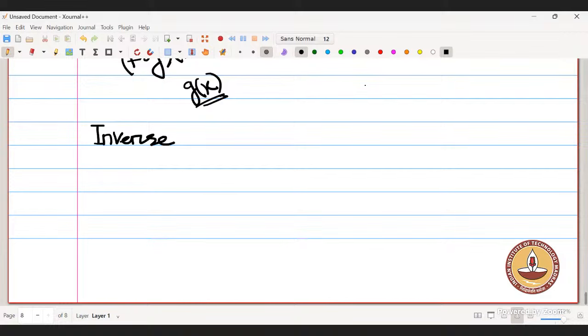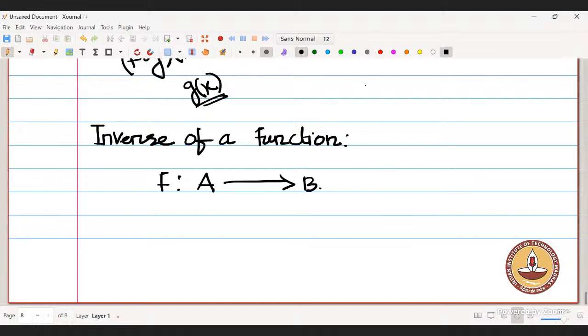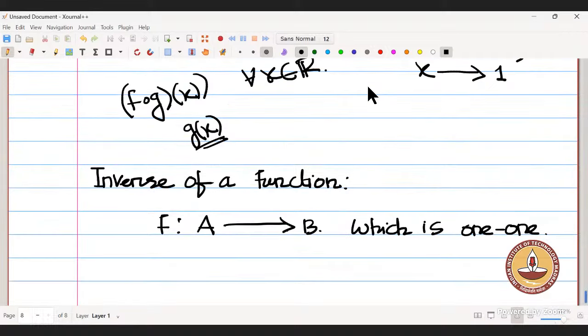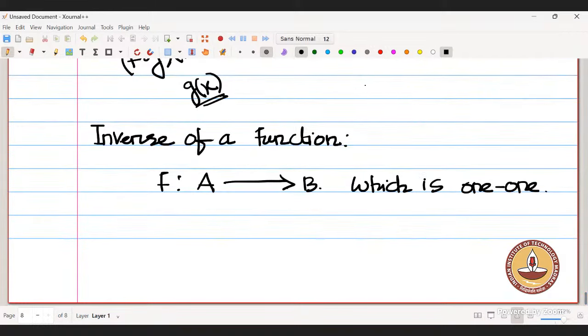Correct. So suppose I have a map from A to B which is 1-1. Then I can talk about the inverse of this function. So the inverse of this function, F inverse, is a map from where to where? B to A.